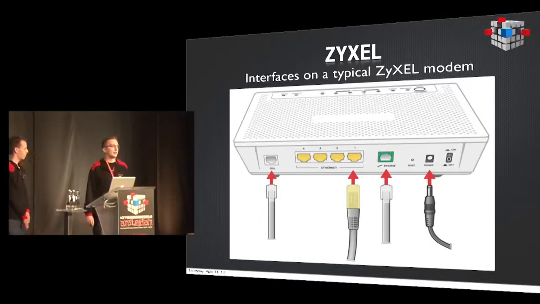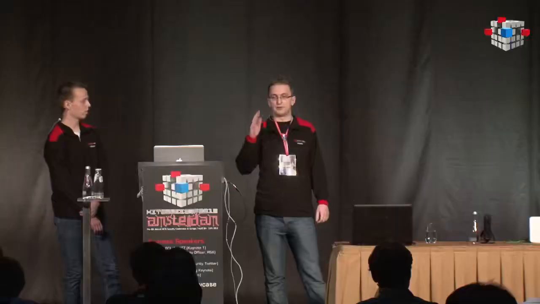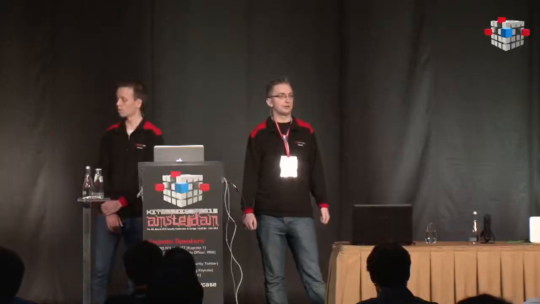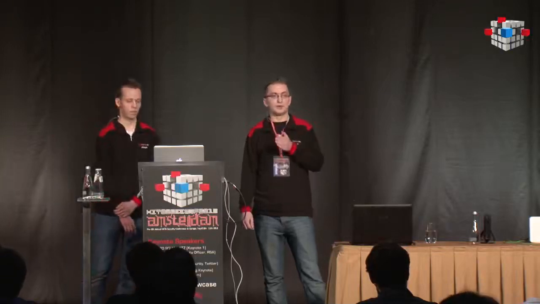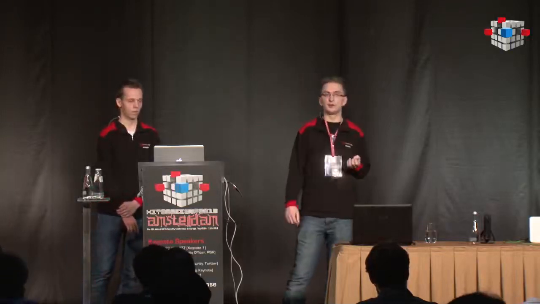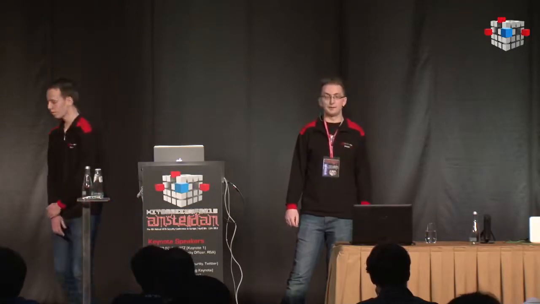So over here we have a picture of a Geissler modem. It's more or less the same modem that we have here on stage. Not exactly the same model, but you get the idea. So basically on the far left you have a DSL connection where you plug in your DSL line. Then we have a couple of Ethernet ports, which are used for the computers on the local area network. So you hook up your laptop or your normal desktop computer here.